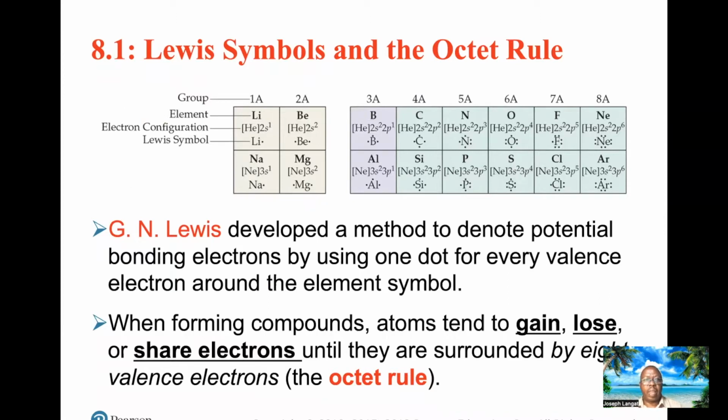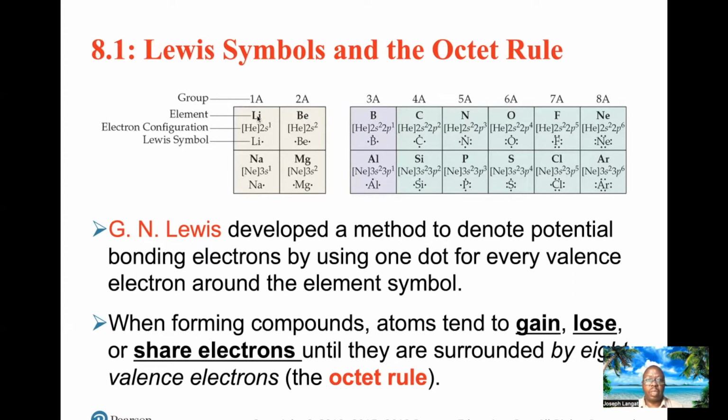Representative elements are those groups with a number and the letter A, which represent the main group elements. And it turns out that the group number represents the valence electrons, except helium. Helium is in group 8A and it has only 2 valence electrons. The rest of group 8A have 8 valence electrons.